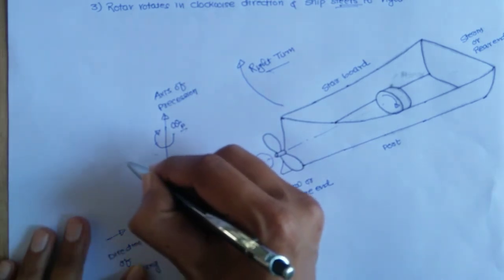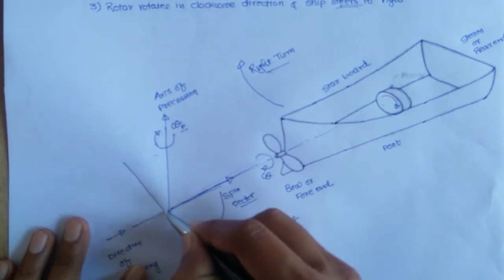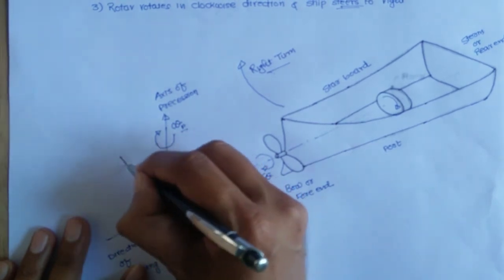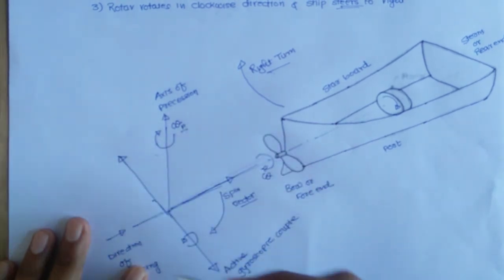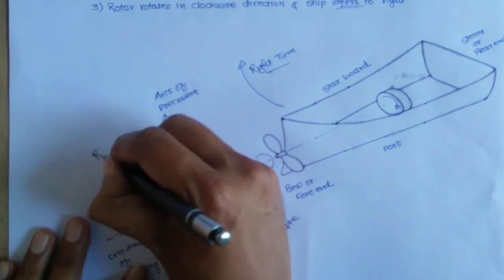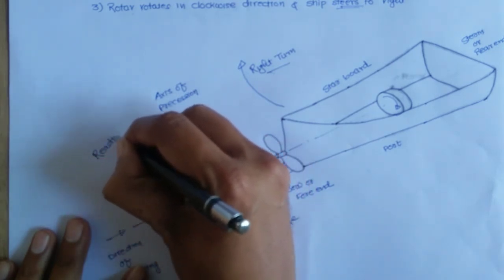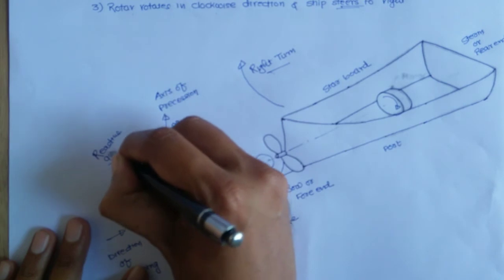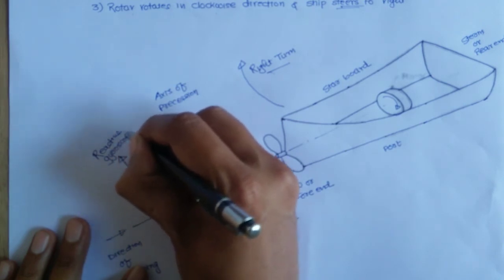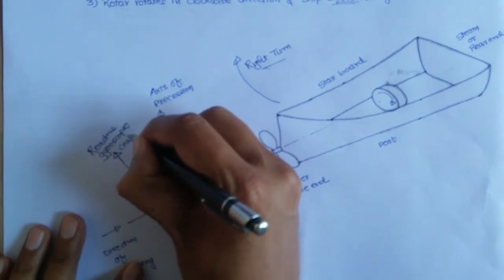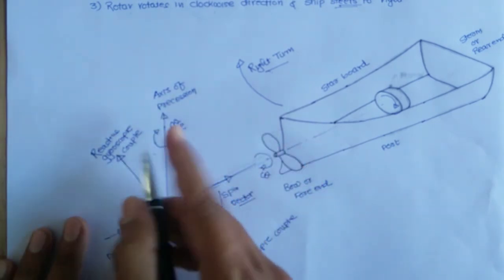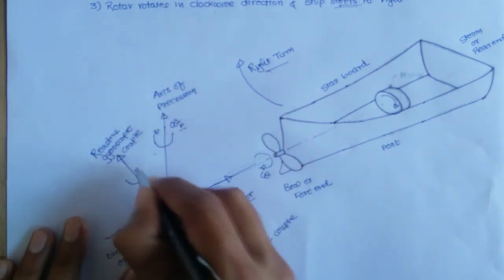Now we know that according to Newton's law, the reactive gyroscopic couple is always in the opposite direction to the active gyroscopic couple. So this will be our reactive gyroscopic couple, and this is the sense.